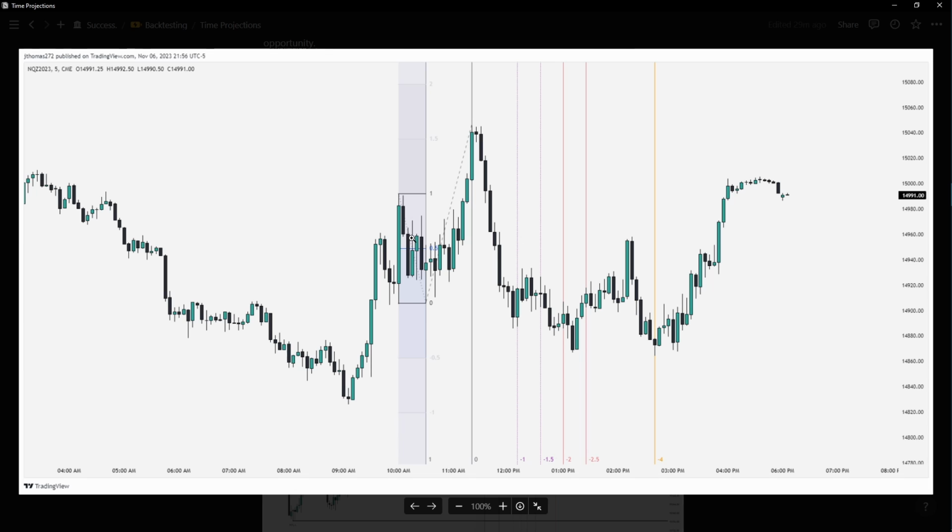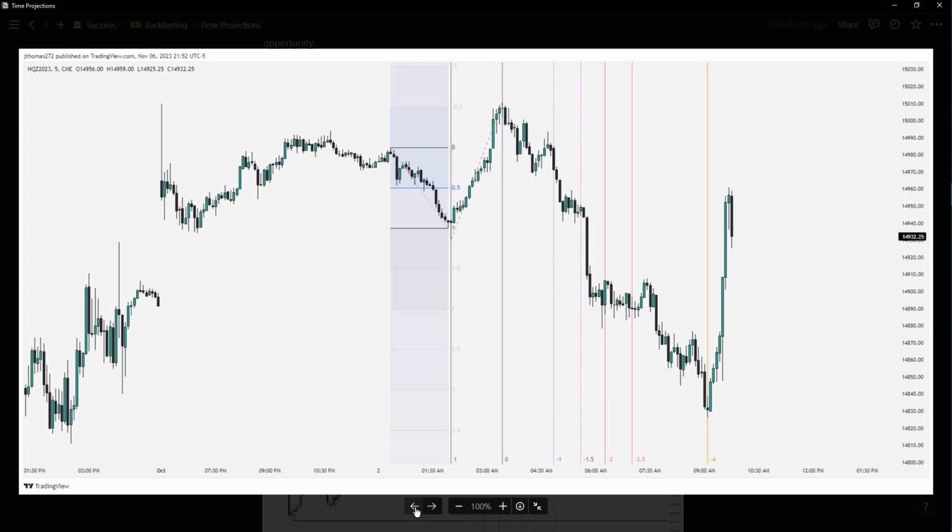Another example here, low formed. This is definitely a rough example, but also within multiple sessions, and we're on the 5-minute. So this tends to work best on sub 5-minute charts. I would say the 3-minute, 2-minute, 1-minute works best. Most of these screenshots are all on the 1-minute or the 5-minute if you're looking at multiple sessions.